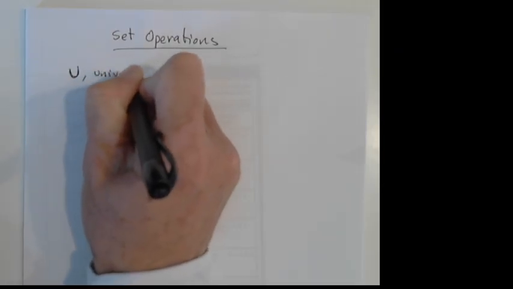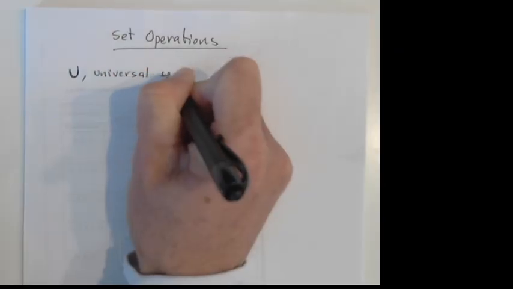For set operations, you need a definition, and the first definition that you need is the universal set. U for universal set is the set that contains everything relevant in the discussions.